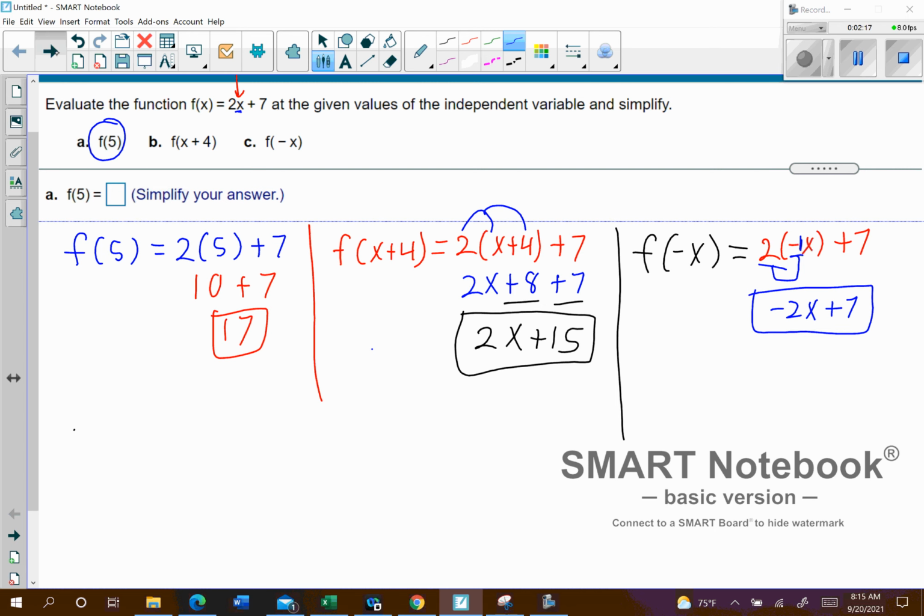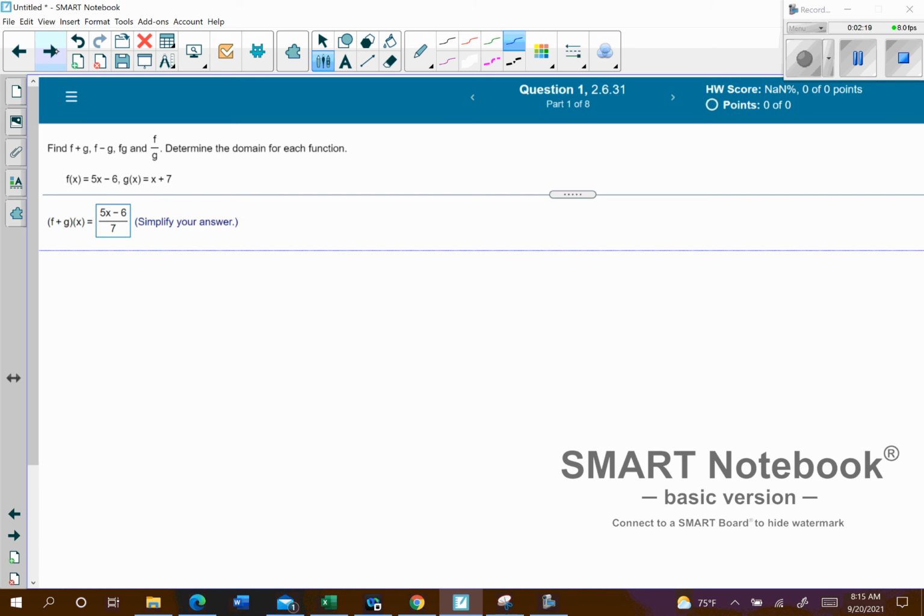All right, so let's look at the other one you sent. And so right here it says find... okay, I thought this was composition of functions, so I guess you didn't need the last skill for this quite yet. But they're going to ask you to add the functions, subtract them, multiply, and divide them.